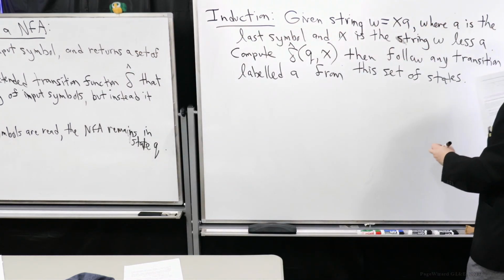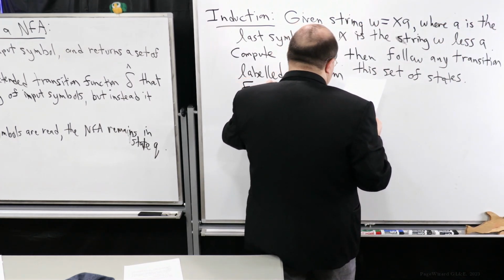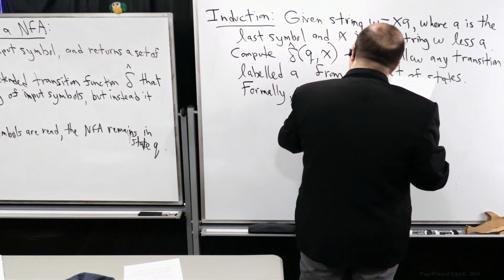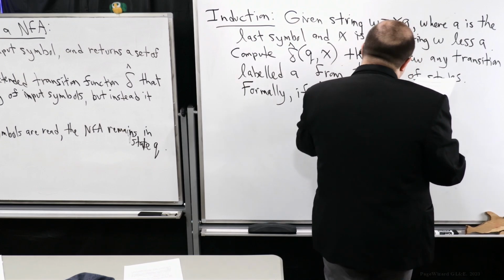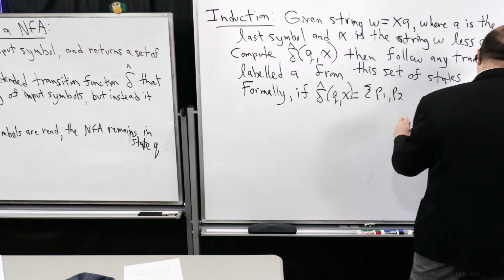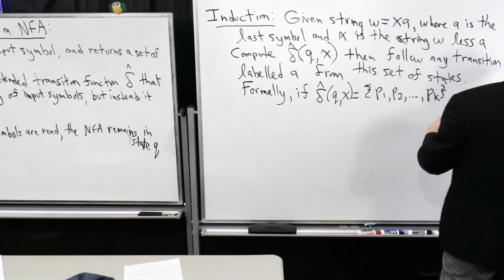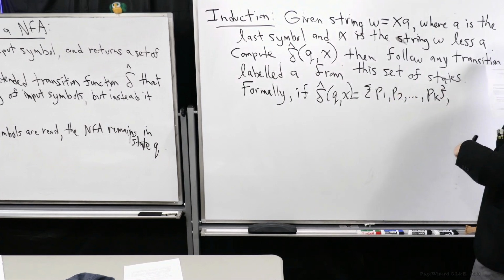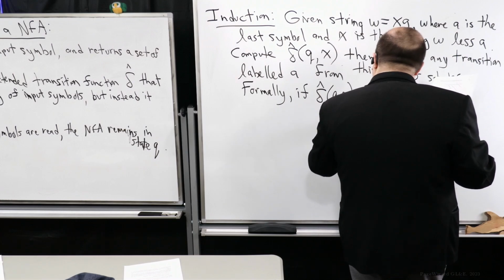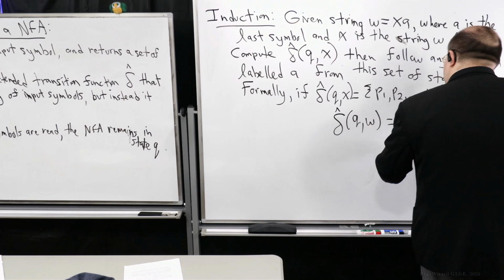So more formally, it means this. Formally, if delta hat of q, x is equal to a set of states containing P1, P2, all the way up to Pk, where there are k states in here, then delta hat of q, w is going to be equal to the following.